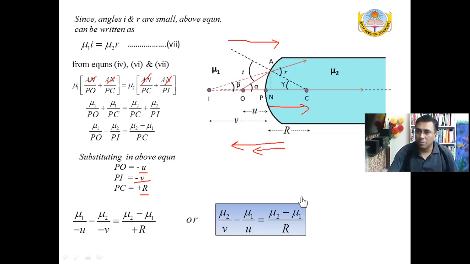So this relation does not get affected whether the image formed is a real image or a virtual image.